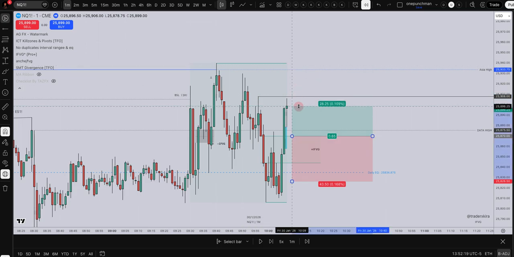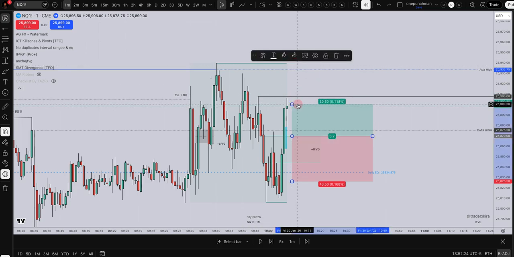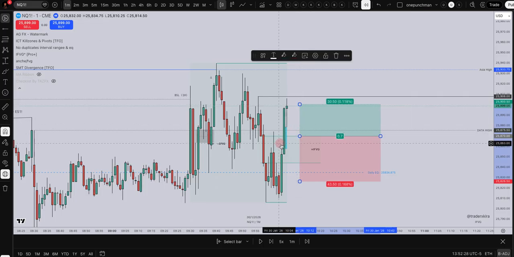And if you think about it, price is already running 28, 30 points. Now I know it's very volatile, so it's okay. So as price is ripping through here, I'm waiting for 10 to 20 seconds. When I get to about 10 to 20 seconds, my first entry comes in.